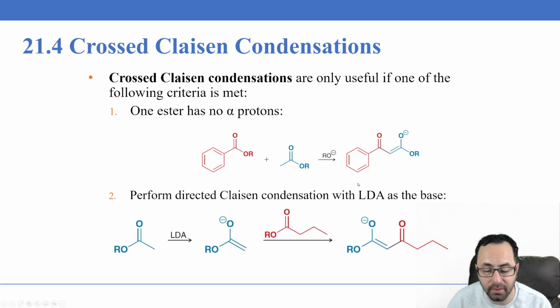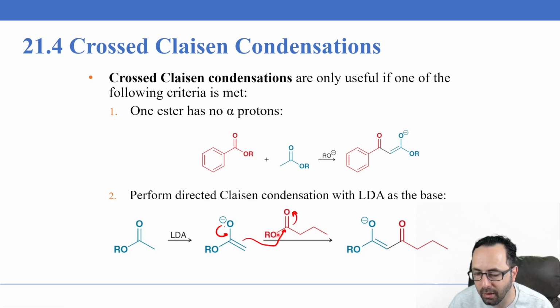You can also, that's the same thing here as before. The other way we can achieve a successful cross condensation is controlling which enolate ion we produce by first deprotonating it with a very strong base, such as lithium diethylamide, and then getting that enolate ion, and then the enolate ion will do the nucleophilic attack here, and then ultimately we'll get the kicking out of this group.